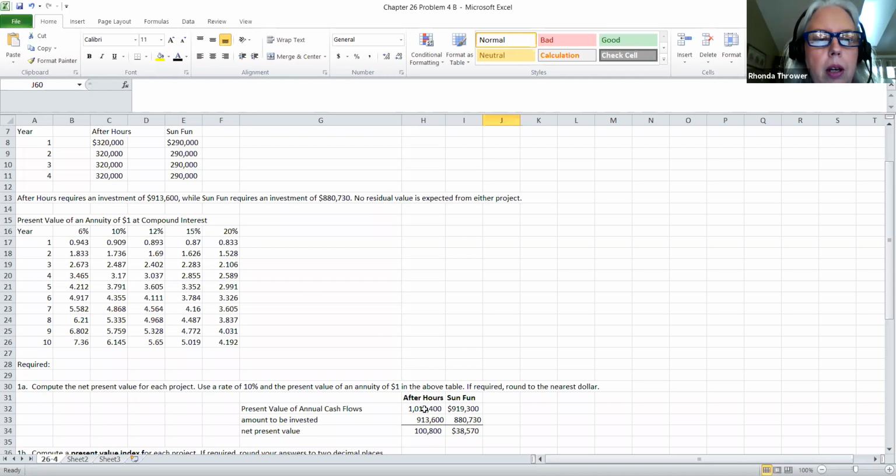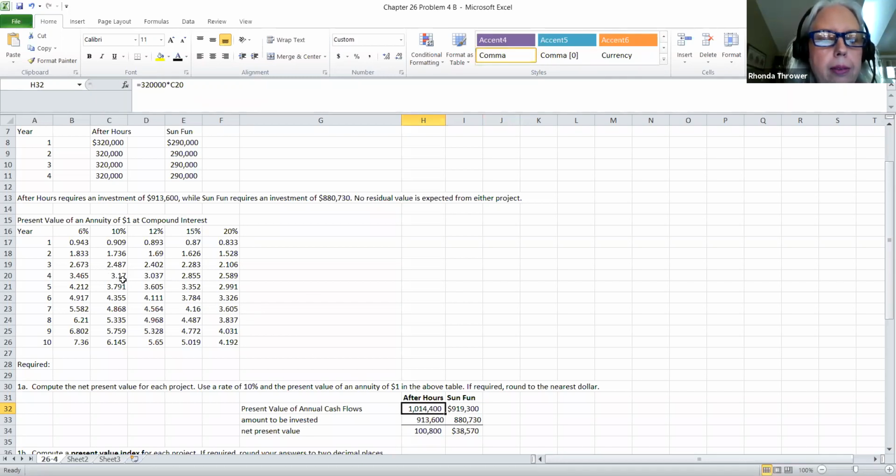So I'm going to take $320,000 and multiply it by my table value amount, which is located in cell address C20. 3.17 is the table value amount. Multiply it by 320,000, and that will give you the present value of the annual cash flows for After Hours.